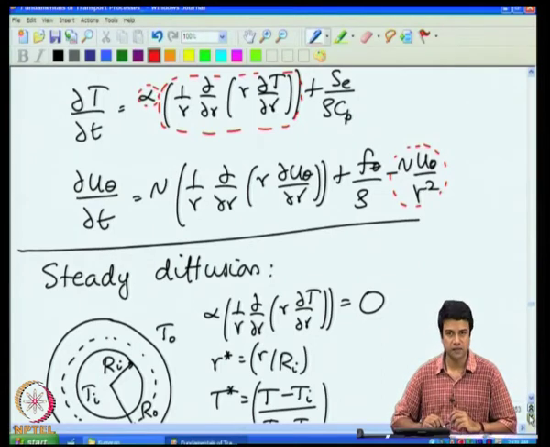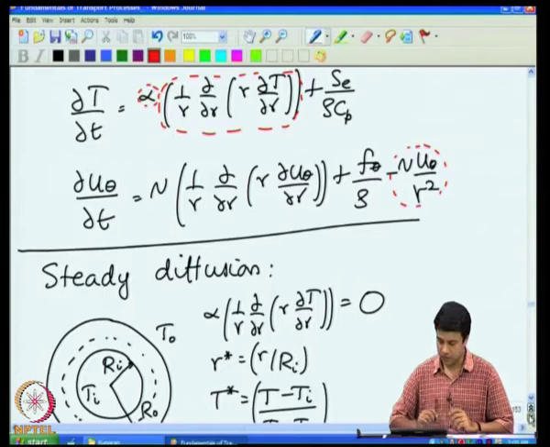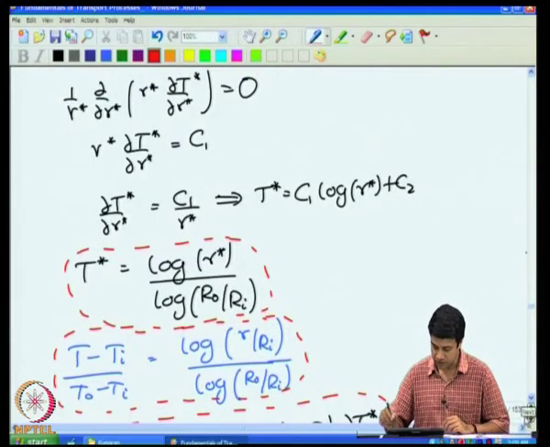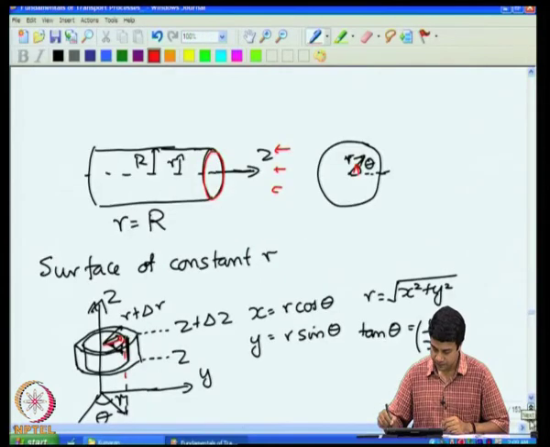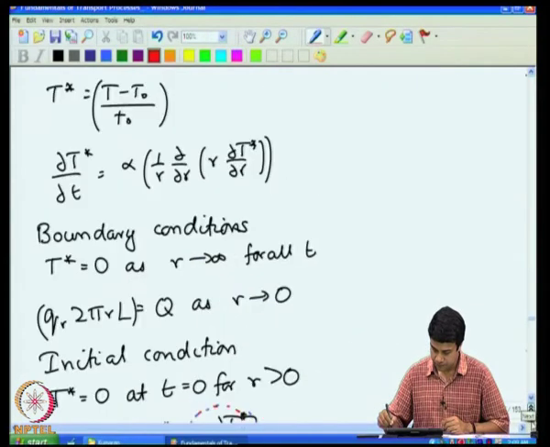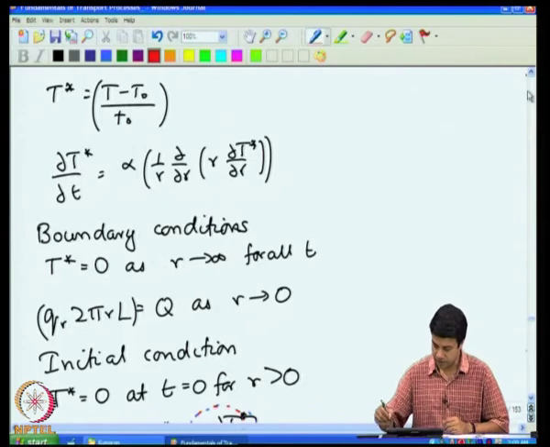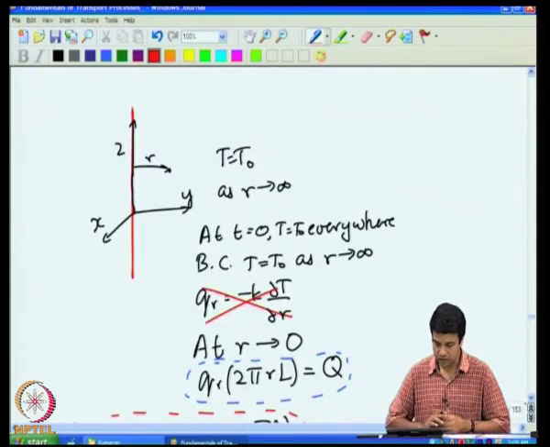One was for the steady diffusion, where we got a logarithmic temperature profile, and then we did a solution for similarity variables, okay, where we had to specify not the temperature along the axis of the cylinder, but rather the flux along the axis of the cylinder.